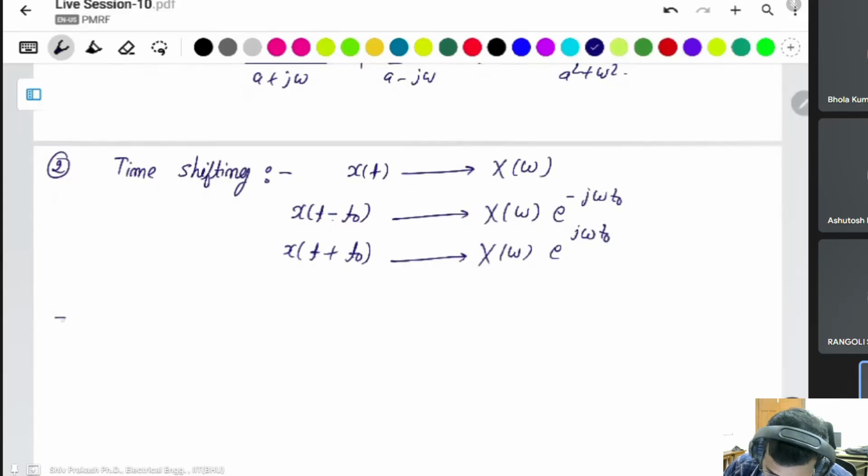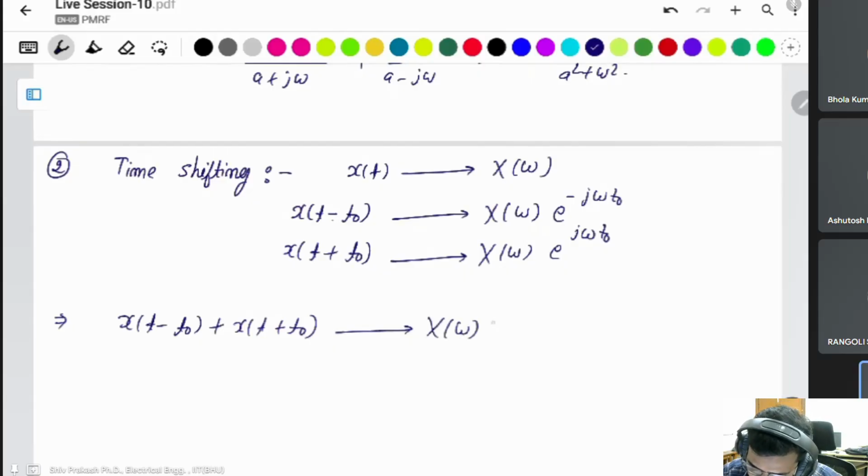Suppose we provide both, in this case x(t minus t naught) plus x(t plus t naught). Then what is the Fourier transform of this function? This will be X(omega) simply times e to the power of minus j omega t naught plus e to the power of j omega t naught, because the X(omega) is in both terms, it will be common.